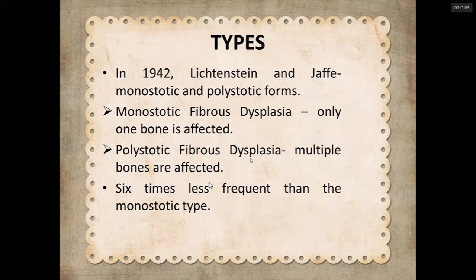Polystotic fibrous dysplasia means it involves multiple bones, and the monostotic form is more frequent than the polystotic form. Polystotic forms are at least 6 times less frequent than the monostotic form.